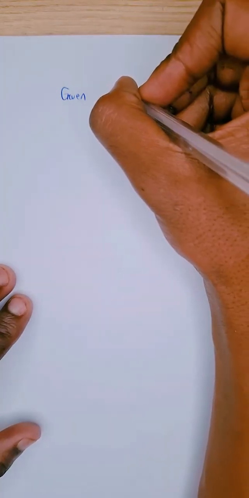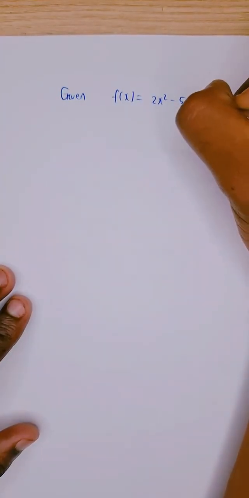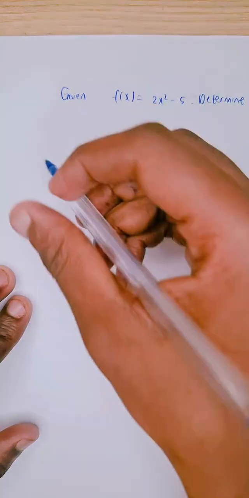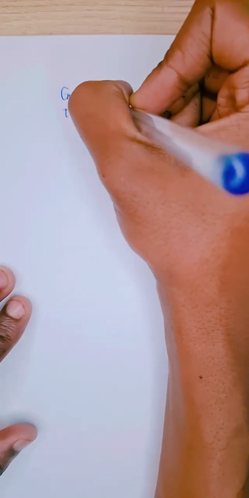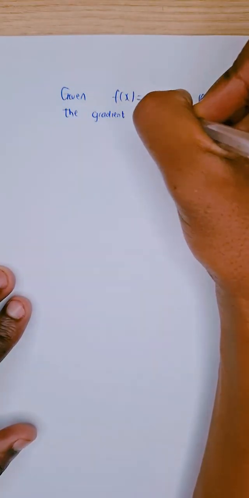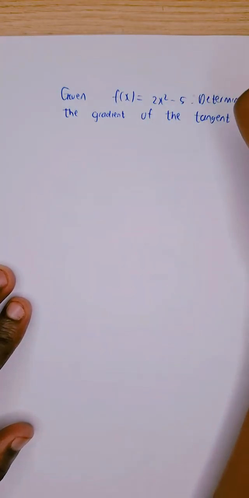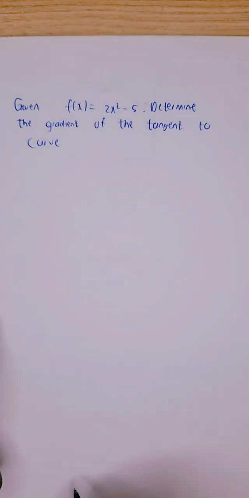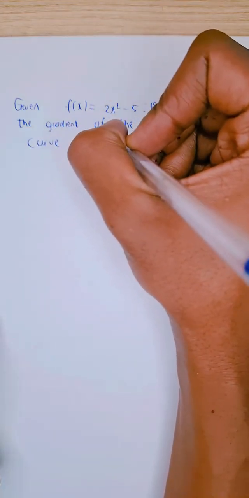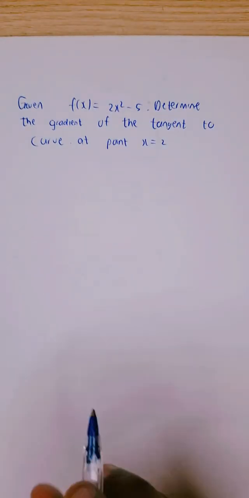Given f of x is equal to 2x squared minus 5, determine the gradient of the tangent to the curve at point x is equal to 2. Okay, you guys try this one out. Give you a chance. Hopefully you have a pen and paper out.